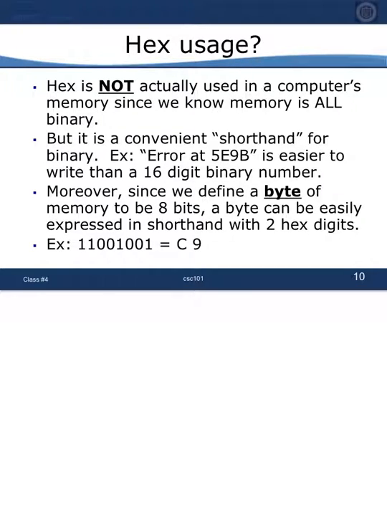Everything in a computer is binary, and yet the people who make computers are smart enough to know that spitting out a binary address takes up a lot of characters. If I try to describe where an error is happening in binary, it's a huge expression.